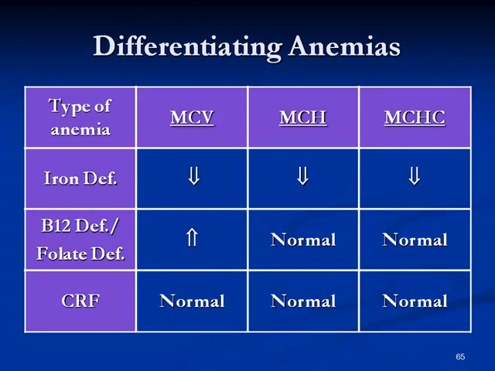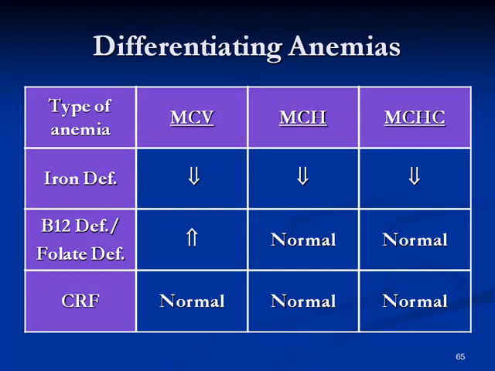Vitamin B12 and folate do a different job in the development of red blood cells. They're not involved in the hemoglobin at all. So the MCH is normal. Even if you're deficient in B12 and folate, that doesn't affect your hemoglobin development. So the hemoglobin value in your cell is normal.